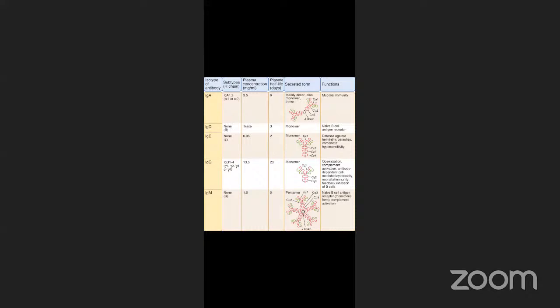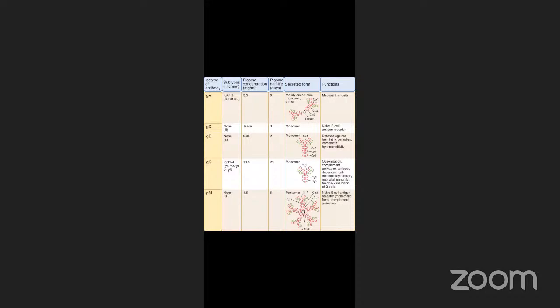These are glycoprotein molecules or globular proteins synthesized against antigens by effector B cells. The part of the antibody that recognizes an antigen is the paratope. Paratope and epitope are very important terminology.